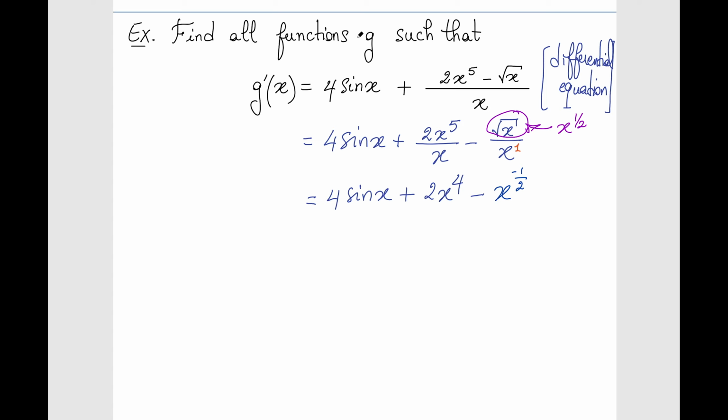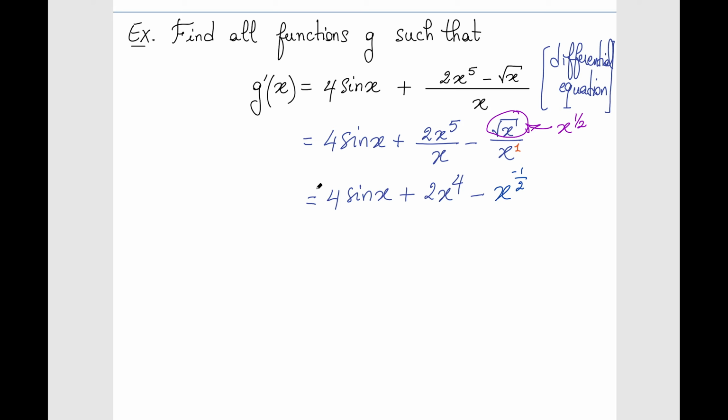I would like to find all primitive functions of this guy, which means I would like to find all little g so that if you differentiate little g, you get this.